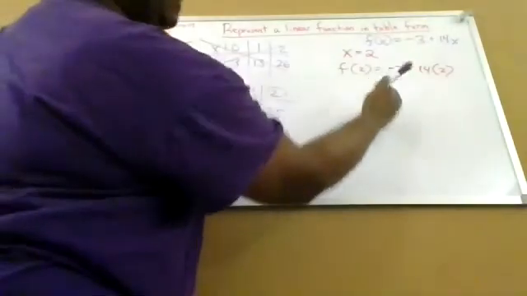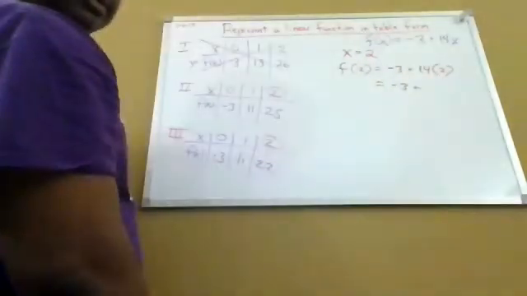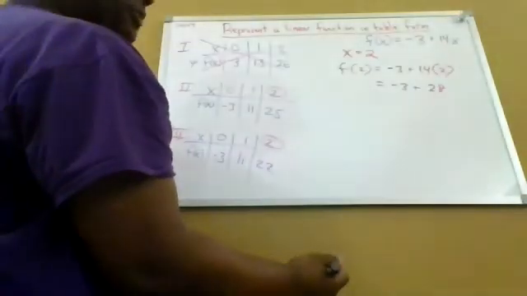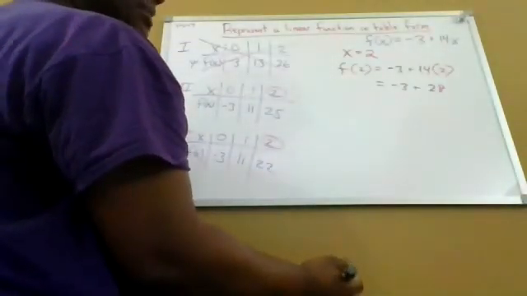We'll bring down my -3. And now 14 times 2 is 28. And -3 plus 28 is 25.